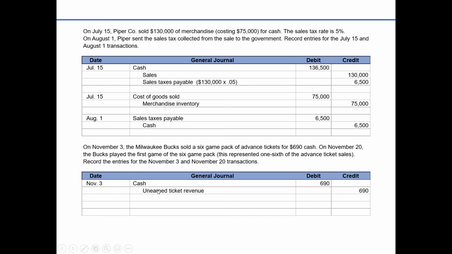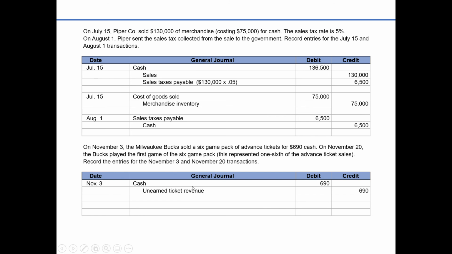So they're going to credit a liability account called unearned ticket revenue. Anytime we attach the word unearned onto revenue, we transform it from a revenue to a liability. Crediting that account for $690 increases the liability or the obligation. It's going to reside in that account until they start playing games and provide that service to their ticket holders or their customers.